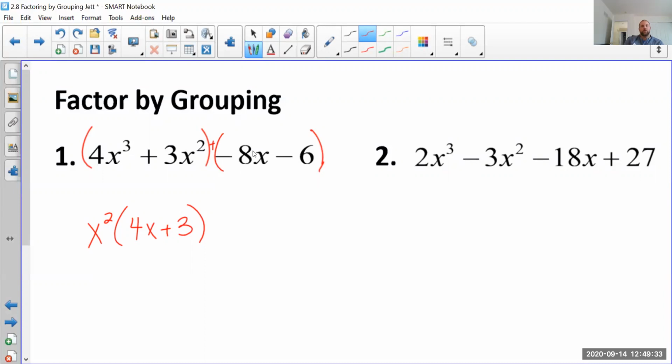Okay? So when I pull something out of here, I'm pulling a negative 2 out, not a positive 2. So my GCF here is negative 2, which is going to make this positive 4x plus 3. We want those to match, so that's good.